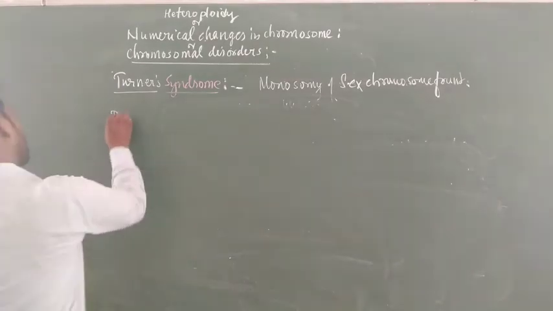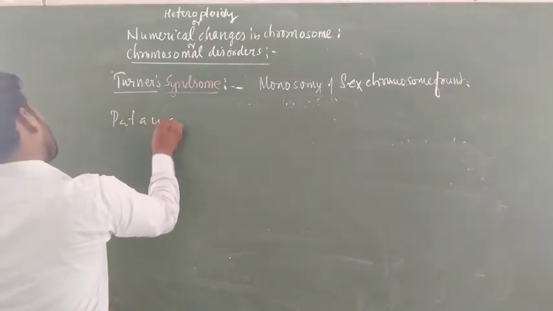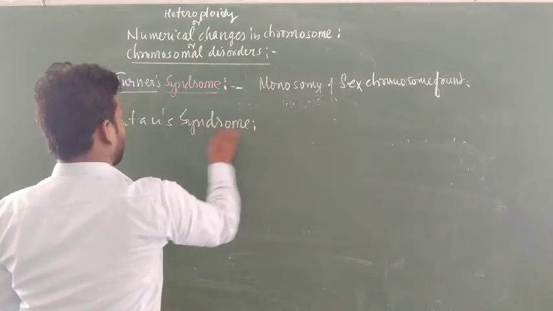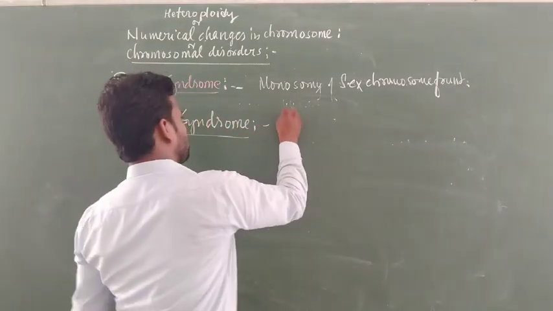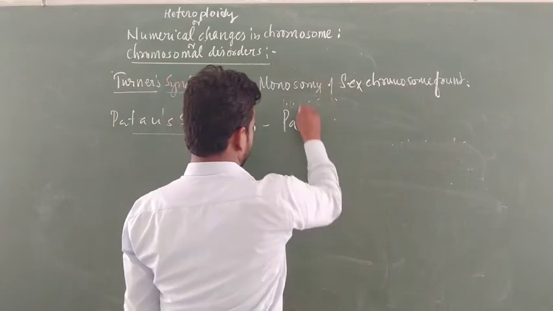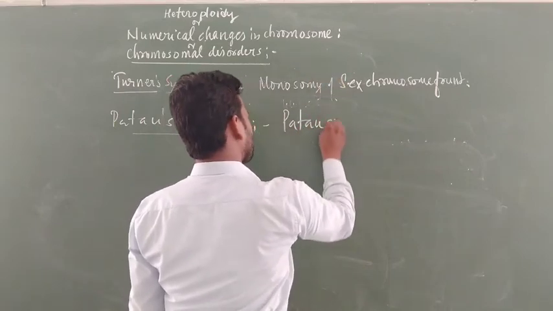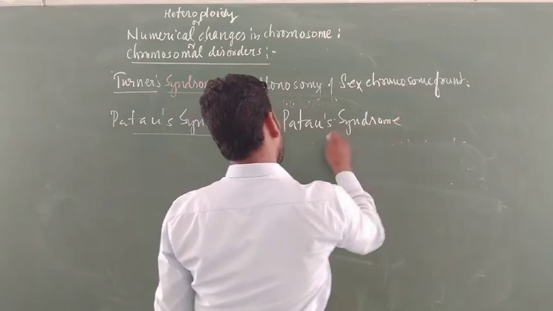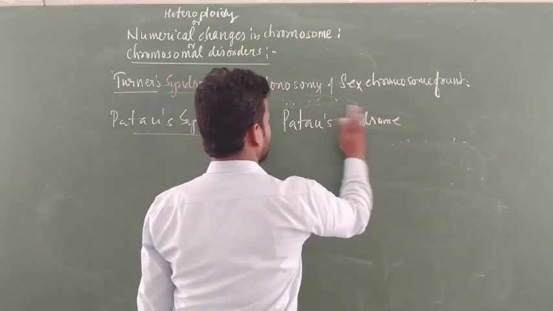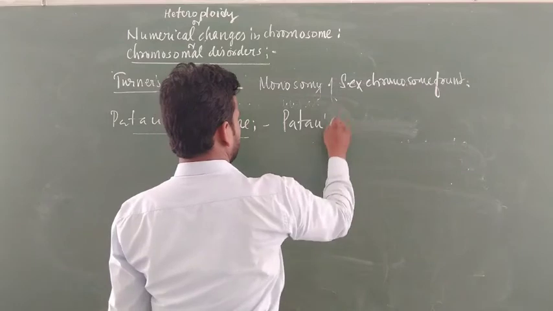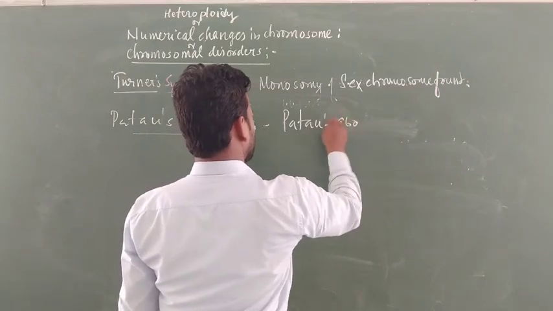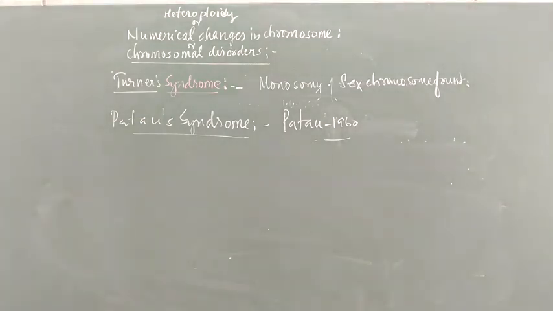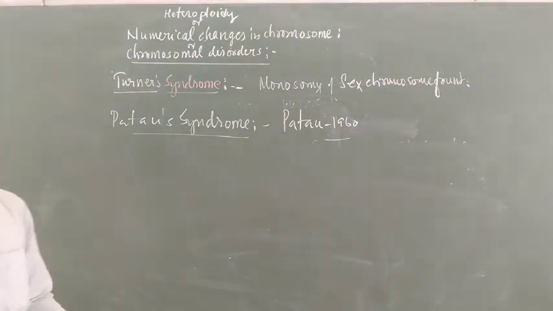Now Patau syndrome. This is short information about Patau syndrome. Patau syndrome was discovered by Patau in 1960, and in honor of his name this syndrome is known as Patau syndrome.